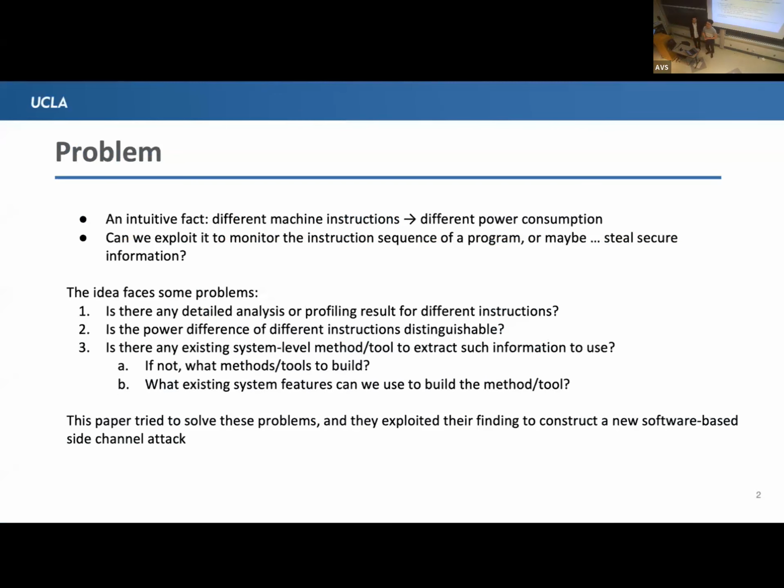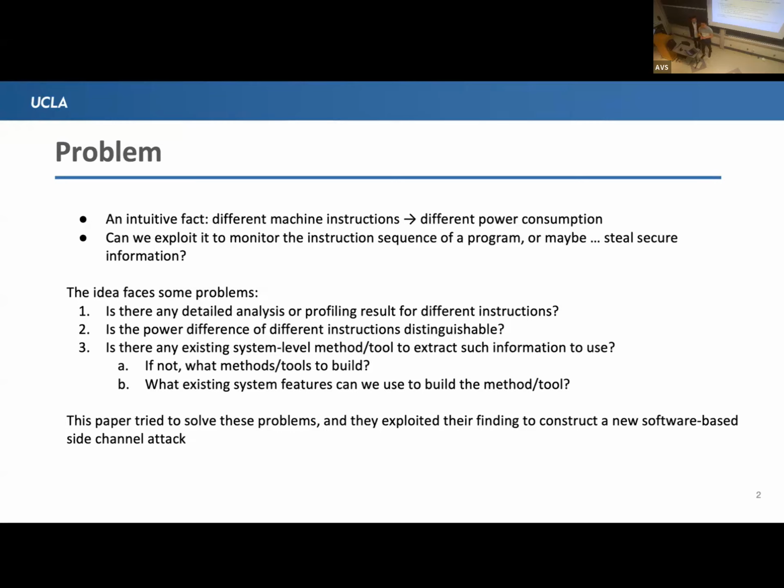So first, let's talk about the problem that this paper is addressing. Here's an intuitive fact: different machine instructions generate different power. So can we exploit the information of the power consumption to gather secure information from the computer? Ideally, yes, but we face several problems.